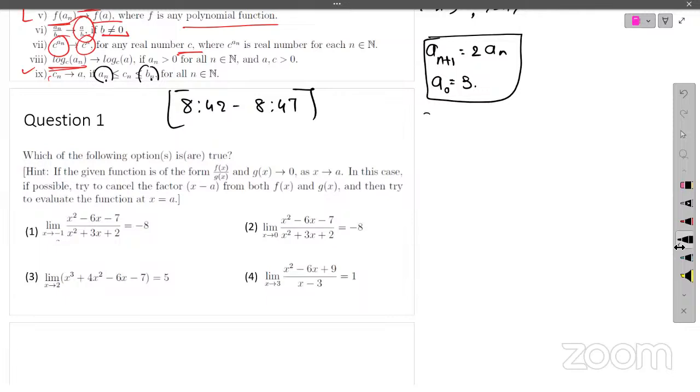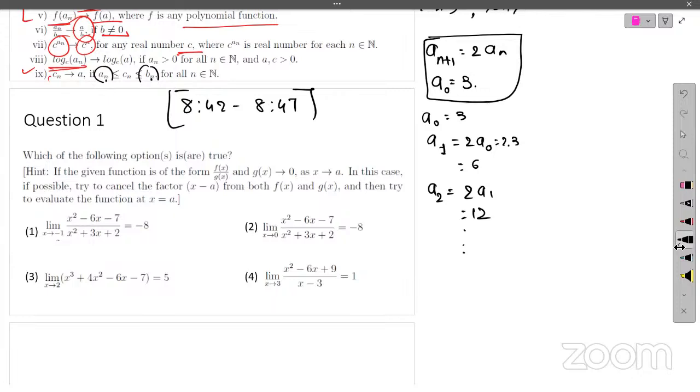The first term is a naught, which equals 3. The second term is a1, and if in place of n you put 0, you get that a1 is twice a0, which is twice 3, that means 6. Similarly, a2 is twice a1, that means 12, and so on. In this fashion, you can construct a sequence. Is that fine?